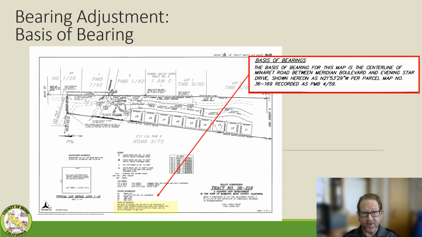In terms of the easement we were doing in Module 1 and 2, the record document research finds that the basis of bearing for that easement, as well as all the other documents in that area, happens to be the center line of Minuet Road between Meridian Boulevard and Evening Star Drive, shown as north 21 degrees, 53 minutes, 29 seconds west, per parcel map number 36196, recorded as parcel map book 459.